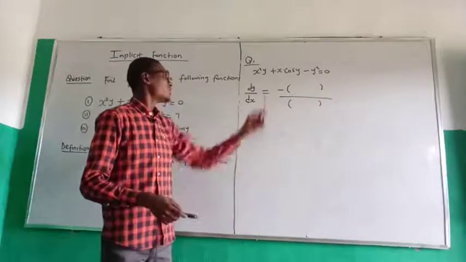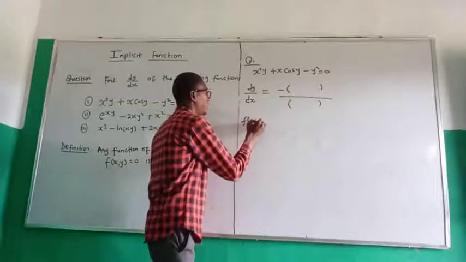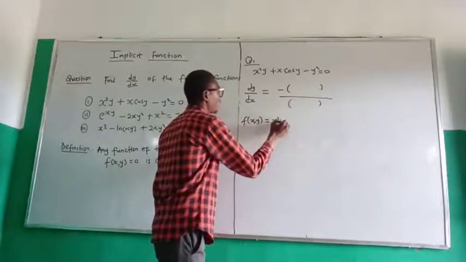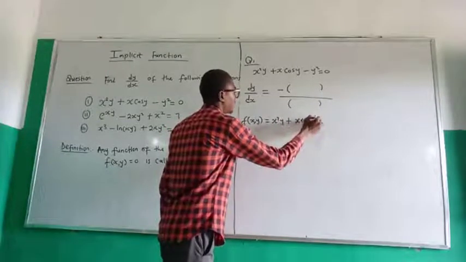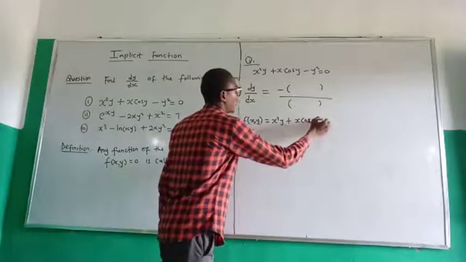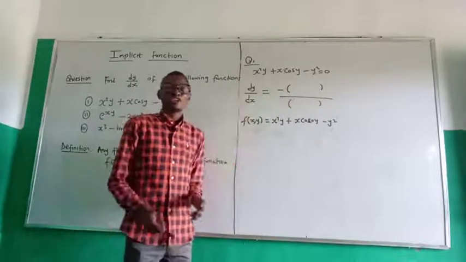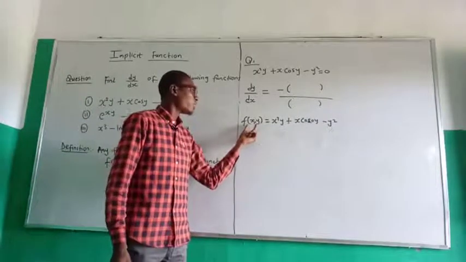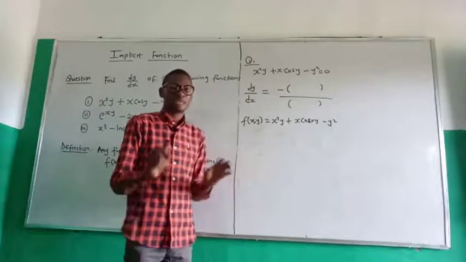Okay. You see this function you are given. This is your f of x, y, which is x squared y plus x cos y minus y squared. So the numerator here is that you just have to differentiate f of x, y, this function, with respect to x.